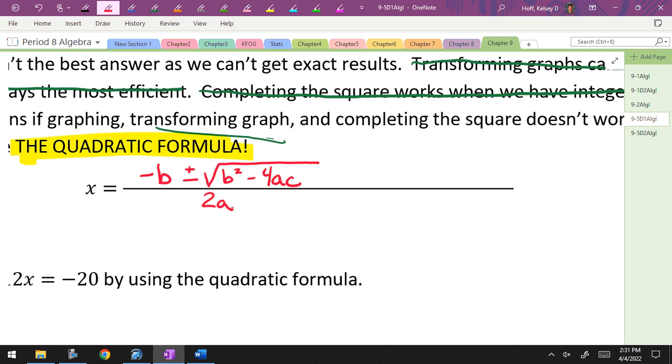Okay, we're going to do it again. Okay, here we go. Ready? Set, and x equals negative b plus or minus the square root b squared minus 4ac all over 2a. Stand up.